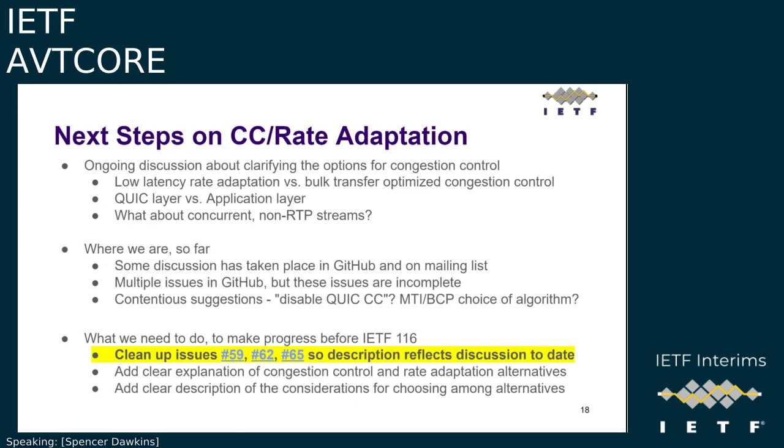the other thing I thought I knew was that a lot of the work for NADA and SCREAM was making sure that they were safe against other NADA or other SCREAM. I don't know how much work was done on them running against other congestion controllers.